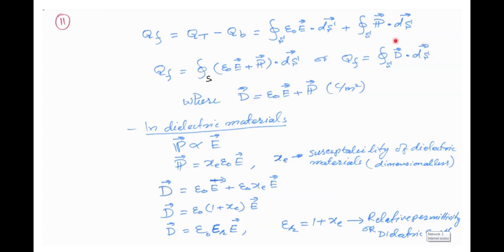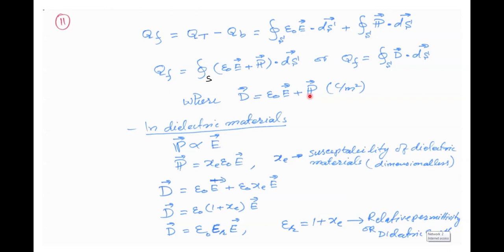So this relation is now exactly similar to the relation of Gauss's law for free space, and we have obtained the Gauss's law relation for free charges in dielectric material, where D is also modified because of the polarization effect, so D is equal to epsilon naught E plus P.